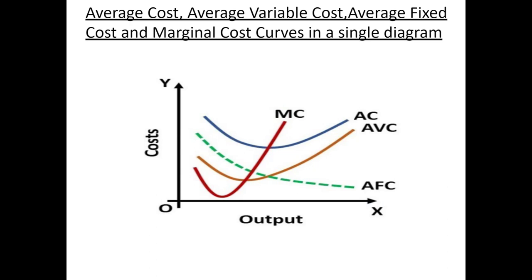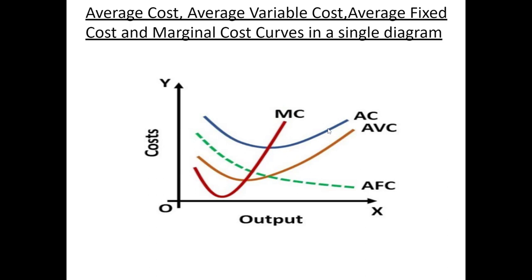Talking about the average variable cost, this curve starts falling, reaches its minimum point, and then starts increasing. Similar is the shape of the average cost curve, which starts decreasing, reaches its minimum point, and then starts increasing.